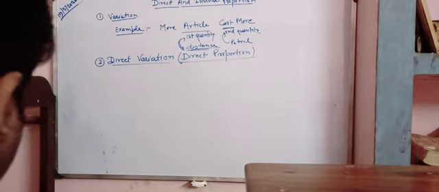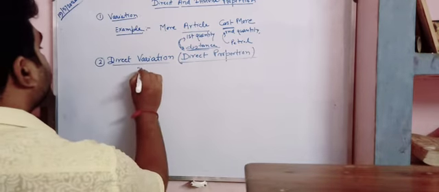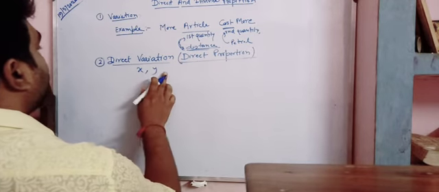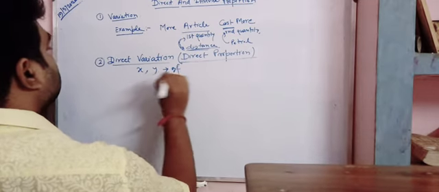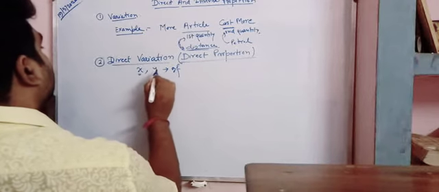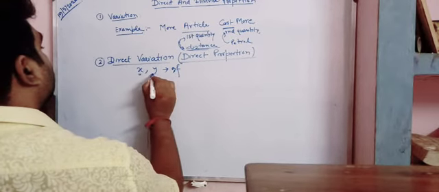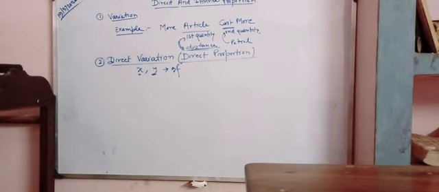Two quantities x and y are said to be in direct proportion if the increase of x is accompanied by an increase of y.